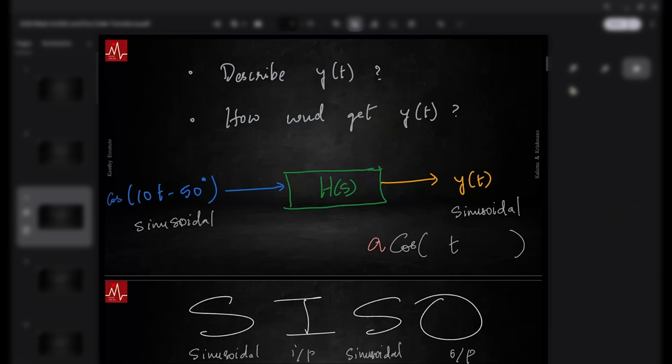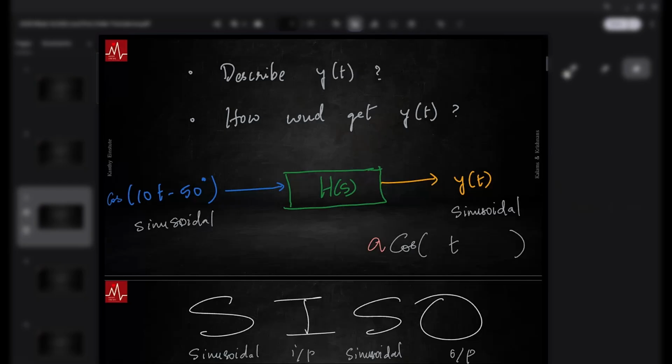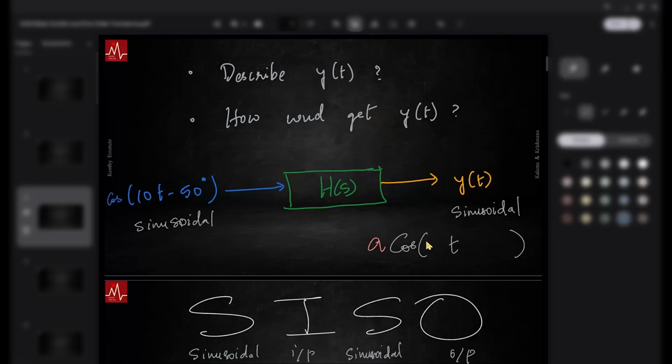This is an important assumption in linearity. One frequency doesn't affect the other. This is going to be the same 10 as that, but the phase will change. It doesn't have to be 50 degree.